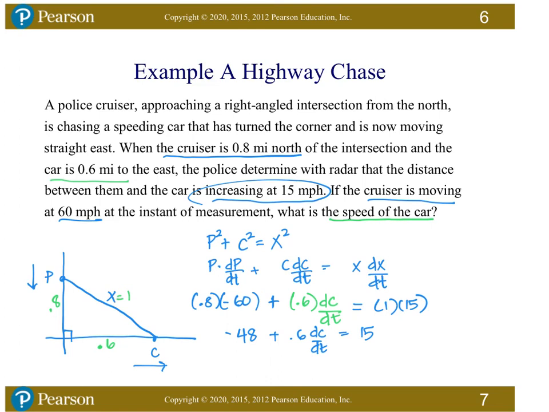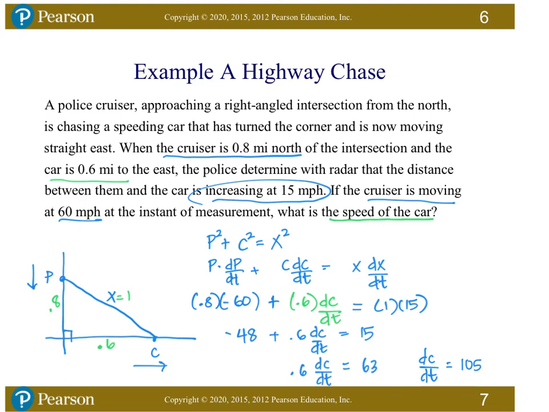And so we'll add 48 to both sides. So 0.6 times dc/dt is 48 plus 15, so 63. And then we solve for dc/dt by dividing by 0.6, which gives us 105.